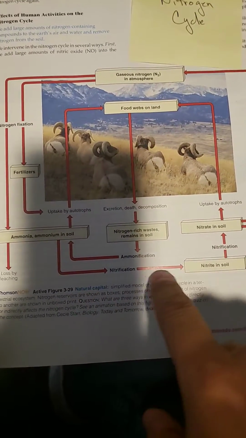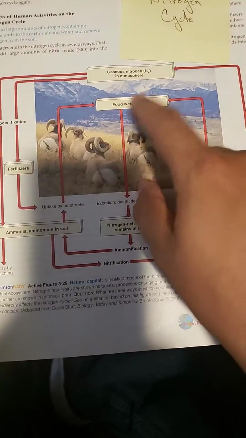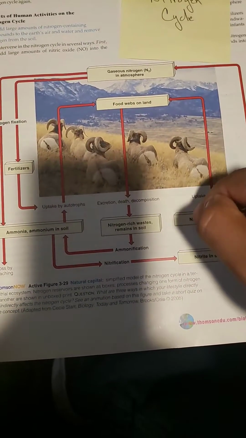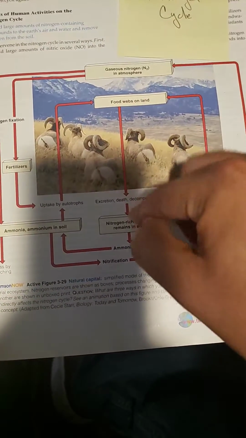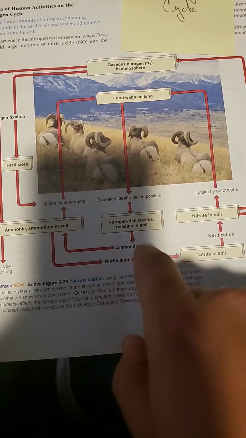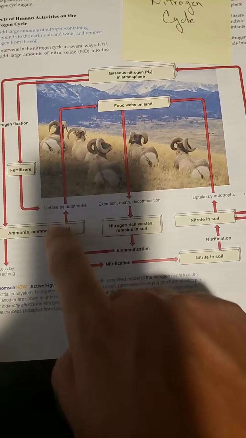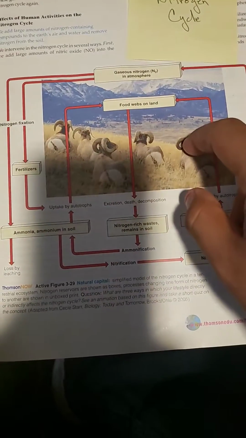So again, nitrite turns into nitrate, and then it's uptaken again, same thing. If it's from plants, then the animals eat the plants, and through their excretions or their death, create nitrogen-rich waste. Again, ammonification, so it becomes ammonia. That ammonia will eventually be turned into nitrite again, and so the cycle continues.